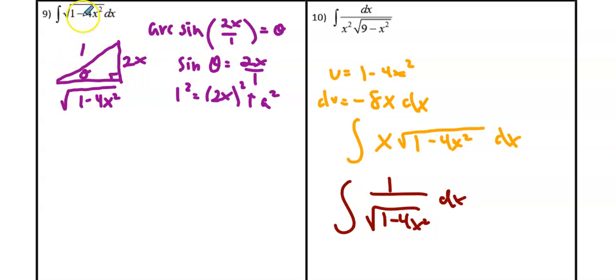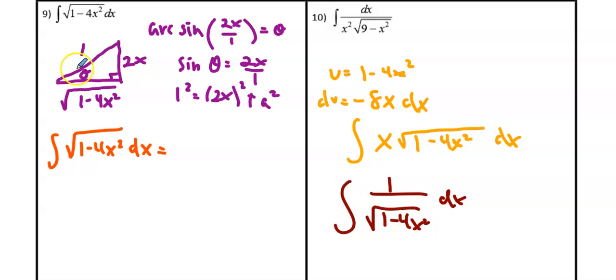So we used the fact that this is an arc sine function, and then we were able to rewrite this in terms of what sine of theta is equal to, and then use the proportions of SOHCAHTOA to find our triangle. Now, this is why this is called trig substitution, because what we're going to do now is rewrite the square root of 1 minus 4x squared dx in terms of trig.